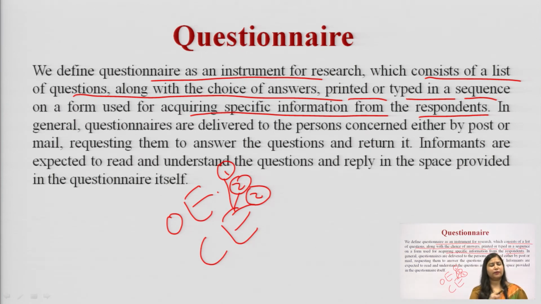Like if you are asking about the satisfaction of the respondent, you can rate your response on the basis of 5 parameters. If you are highly satisfied, give 5 marks. If you are least satisfied, give 1 mark. So, in this type of question, you restrict the response of the respondent, and this type of question is called your close ended question.